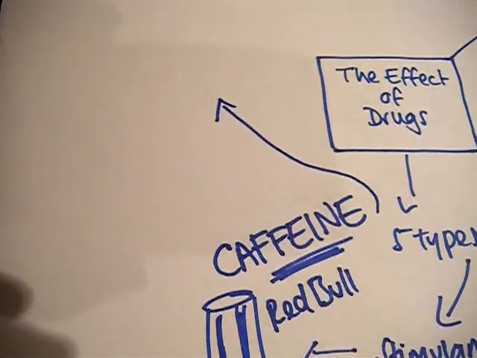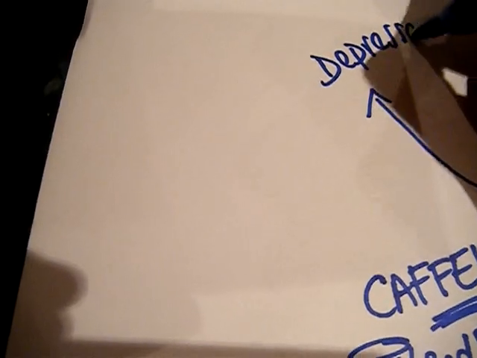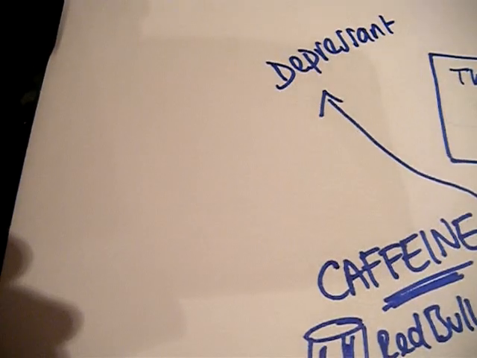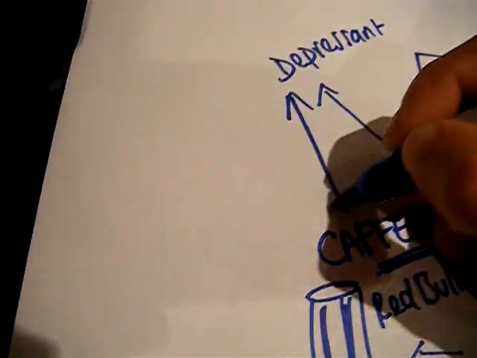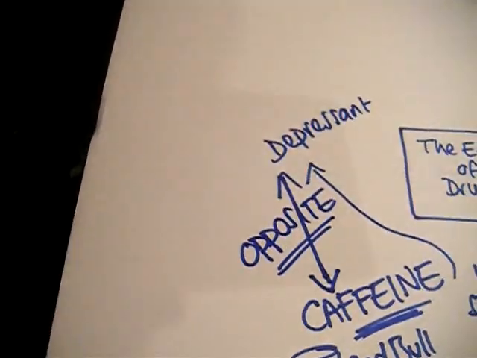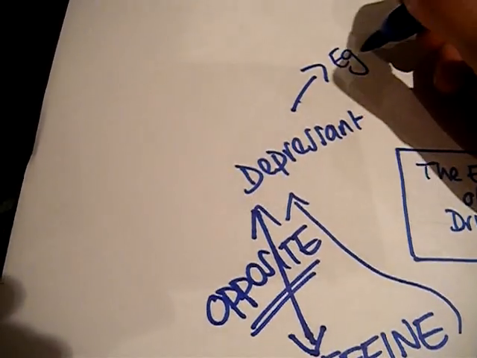So the next one, I'm going to go over here in my mind map, is a depressant. A depressant is the opposite of caffeine, the opposite of a stimulant, so I'm just going to draw a little arrow between stimulant and depressant and put opposite because I need to remember that. An example of a depressant would be alcohol.